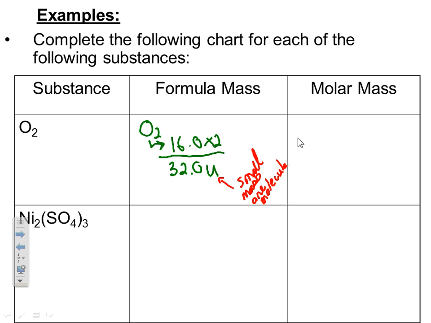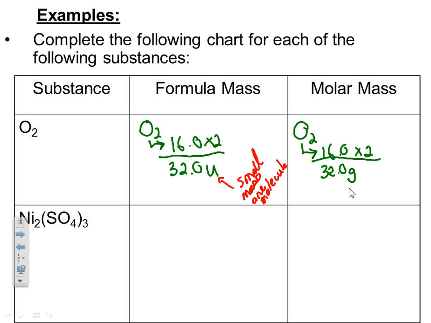Well, it turns out that we calculate the molar mass the exact same way as we calculate the formula mass, 16.0. There's 2 of these O's. Again, I add them up, 32.0. But the difference now is the unit.